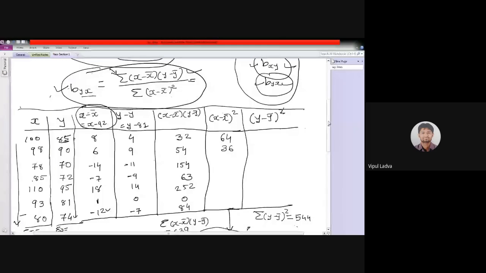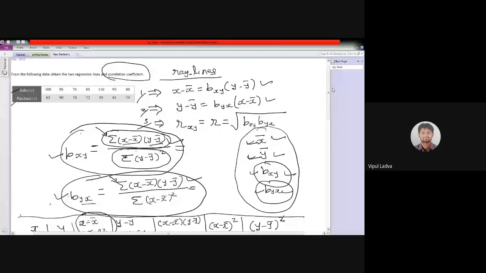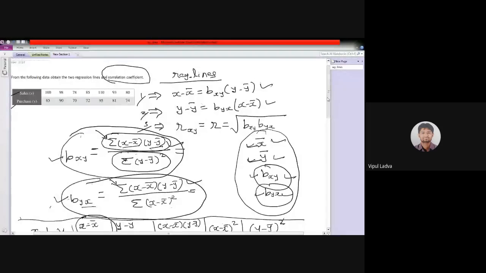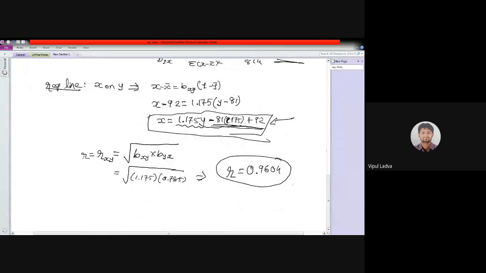It's very easy, but it's a descriptive question. If the offline exam happens, then surely one question of a similar kind will be there for full marks in your examination. So is there any doubt related to regression lines, regression coefficients, any of that?